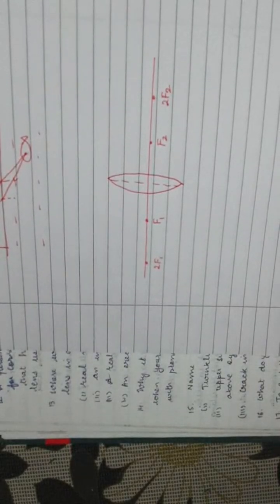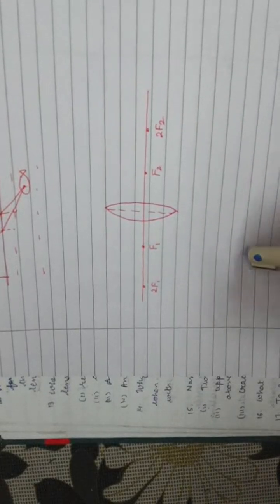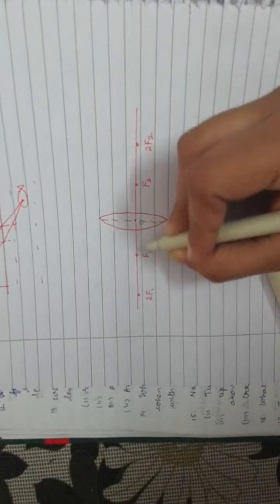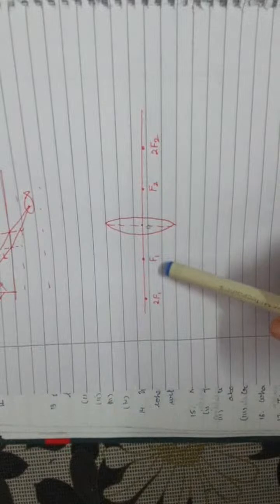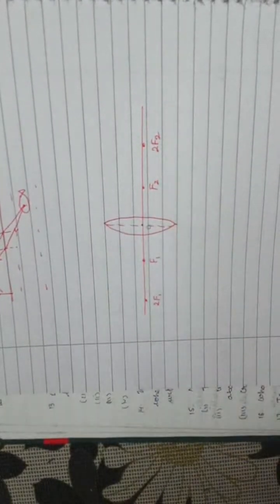Magnified means the size should be greater than that of the object. We know that when you place your object between F1 and the optical center O, you get a virtual and magnified image, but the question is saying that you need a real and magnified image.